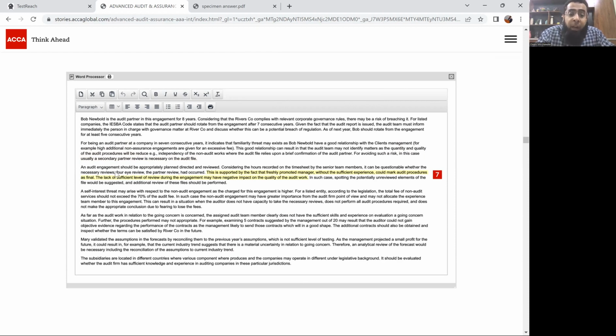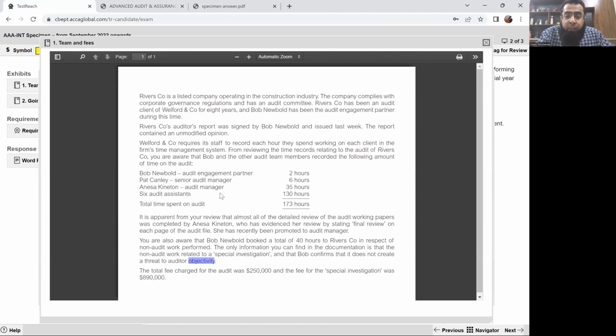Now from the next paragraph, he is moving towards the time. As audit engagement should be appropriately planned, directed, and reviewed, considering the hours recorded. So from this third paragraph, listen to me, he is moving towards this timing. Okay. So now in these 2 paragraphs, he has earned 6 marks.